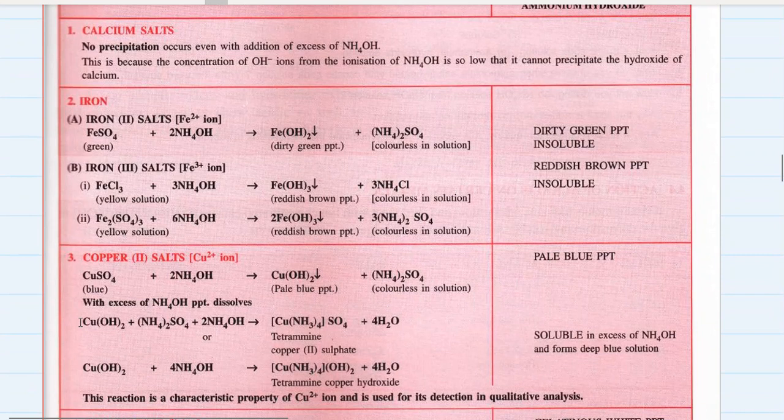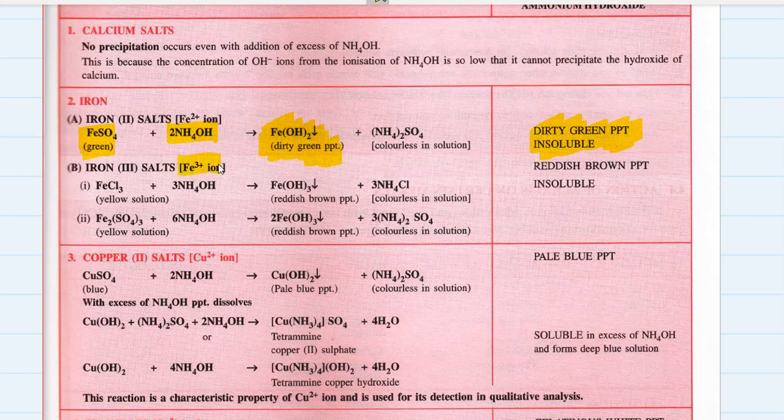What about iron salt? Iron 2 salt solutions are green in color. When you add ammonium hydroxide, which is your new reagent, the first reagent was sodium hydroxide, you get a dirty green PPT, which is insoluble in excess of ammonium hydroxide.